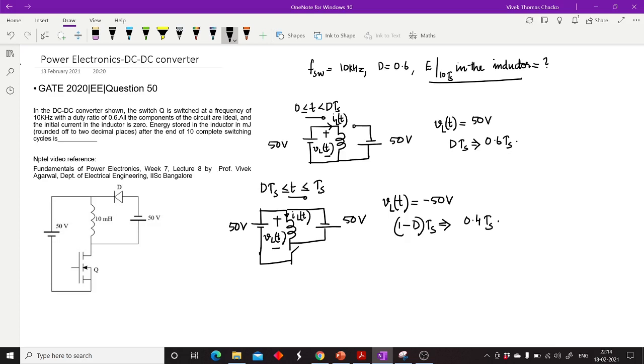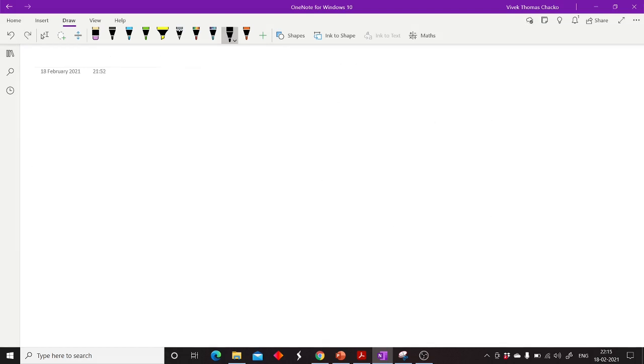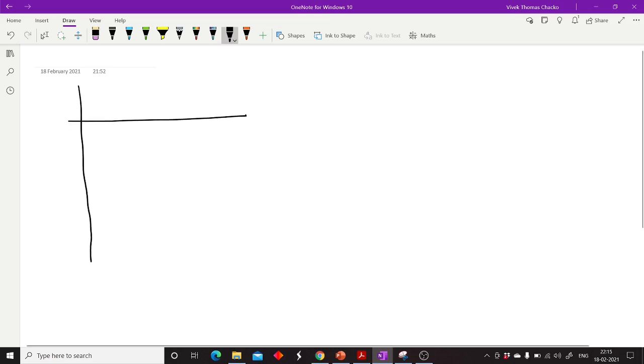So we came to know what is the voltage that is seen by the inductor during the dTs and 1 minus d Ts intervals. Here I am drawing a plot of the inductor voltage as well as the inductor current, how the inductor voltage and current waveforms are there in the converter.